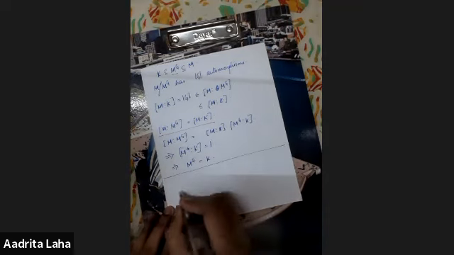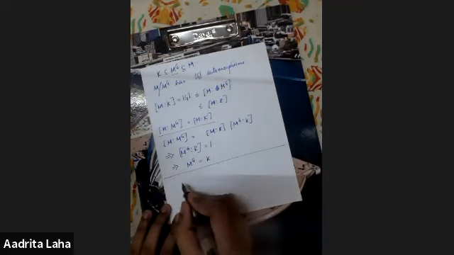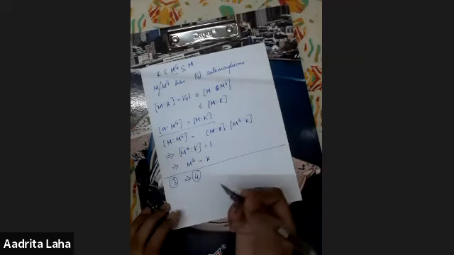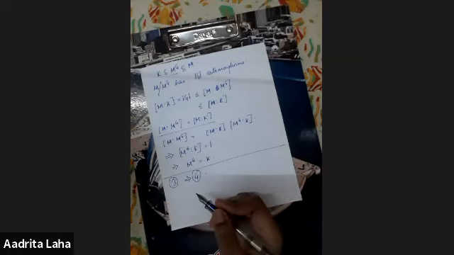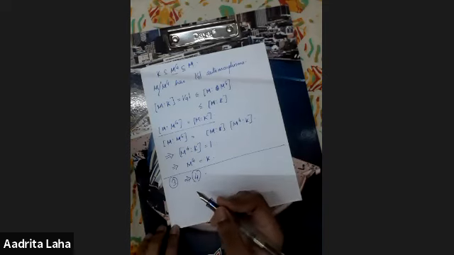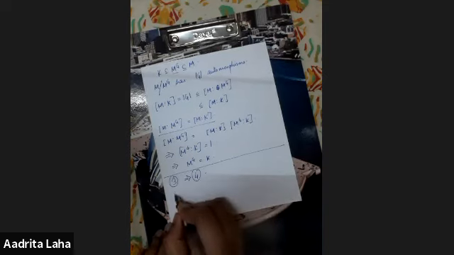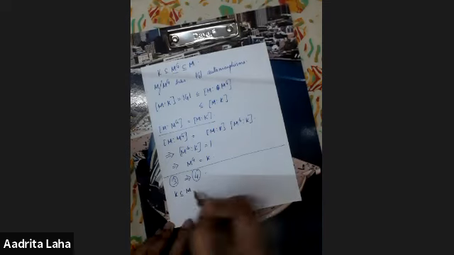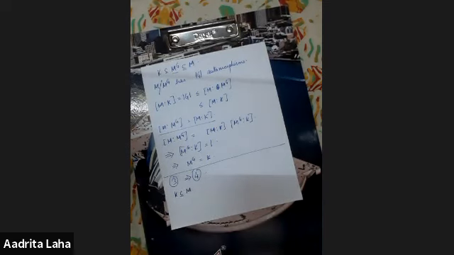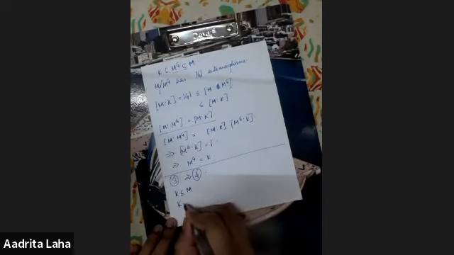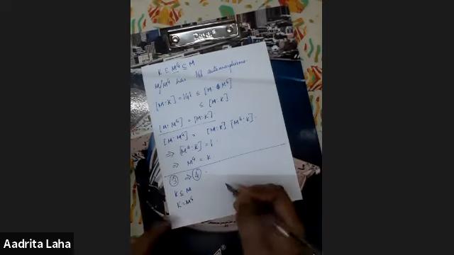And now for our final implication, we show that 3 implies 4. So what we have here is the extension K over M, and we have A equal to M^G.